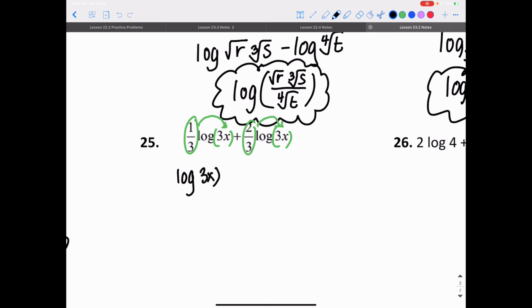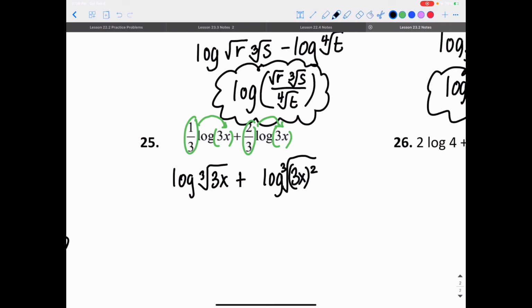That's the same as taking the cubed root, so I'm just going to write the cubed root. Let me write this better. So I'll have log of the cubed root of 3x plus the second one will be log of 3x to the 2/3 power, so I'm squaring it and then taking the cubed root.